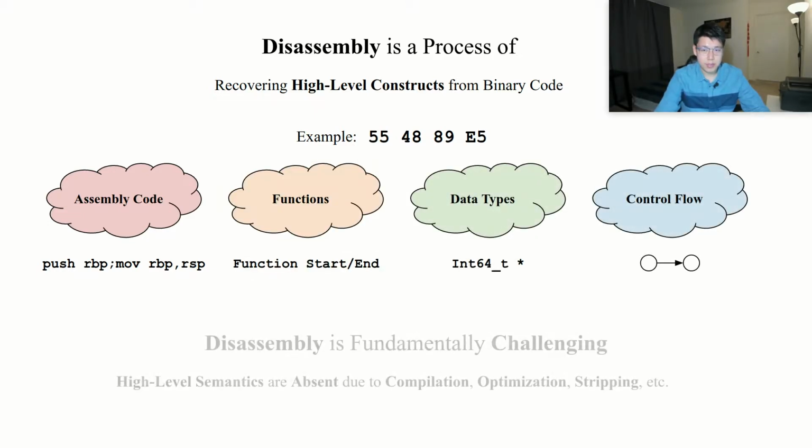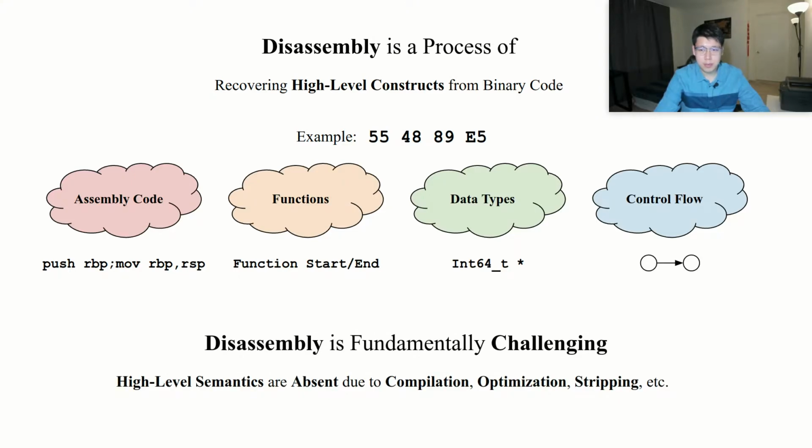However, disassembly for stripped binary is fundamentally challenging because high-level information such as symbol tables is often stripped away for most real-world binaries. Therefore, disassemblers must approximate the recovery of higher-level constructs from incomplete information. In this paper, we focus on two disassembly tasks.